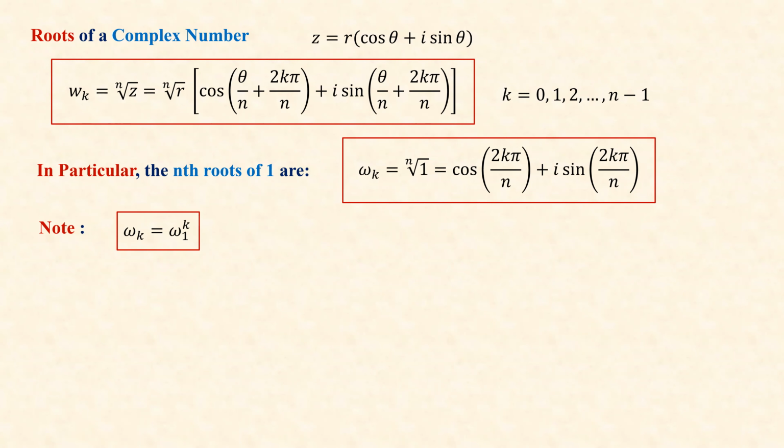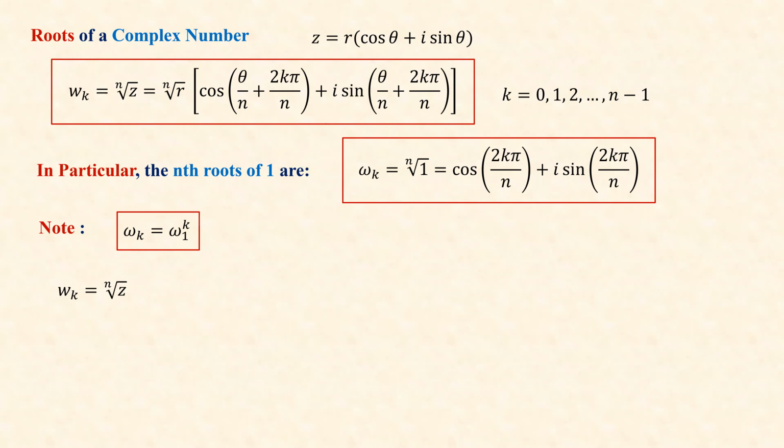And then the importance of these is that we can write w k, for any complex number, as w naught times omega k, which is omega 1 to the power k.